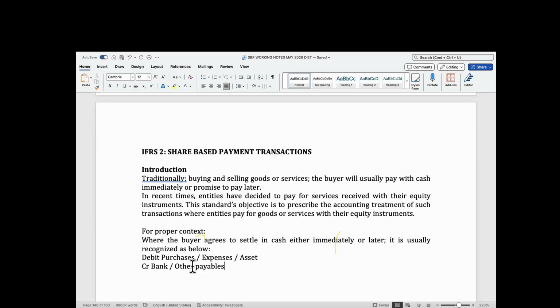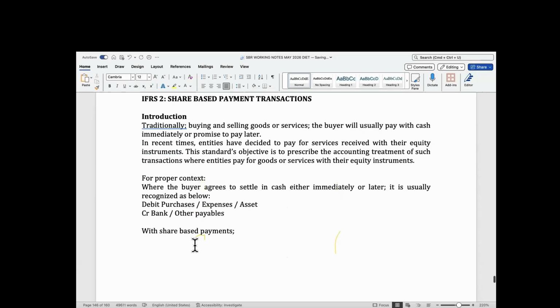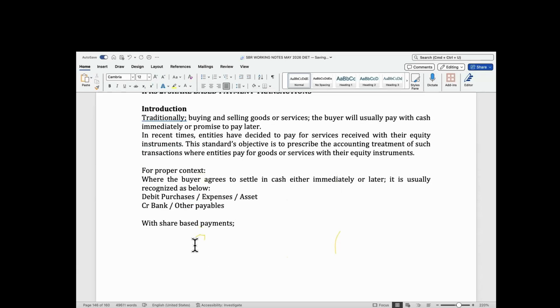So this is the way it is done conventionally or traditionally, but with share-based payments, where entities want to settle not with cash, either now or later, they don't want to settle with cash, but they want to settle with their own shares. Okay, so the double entry will look like this.